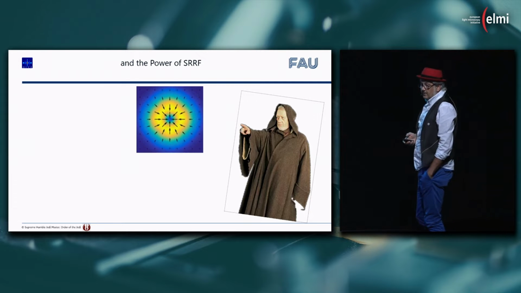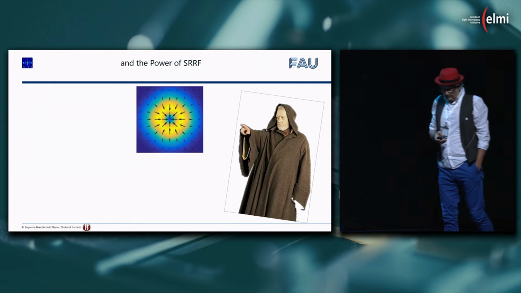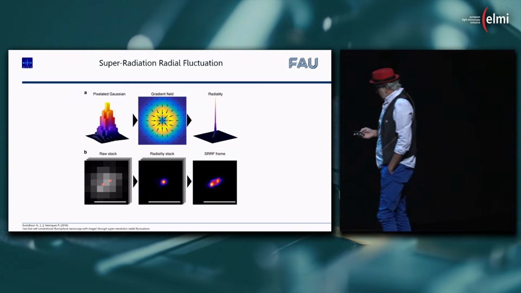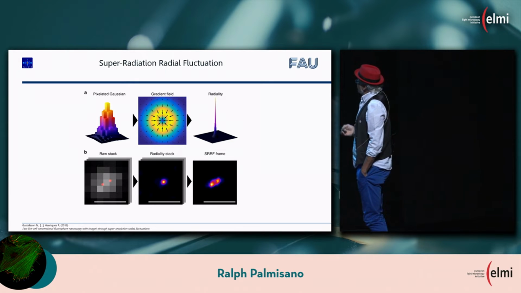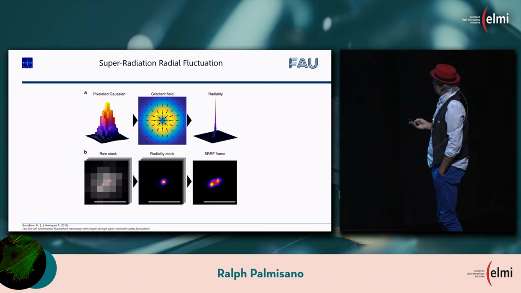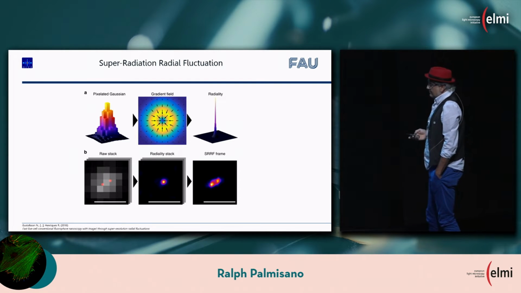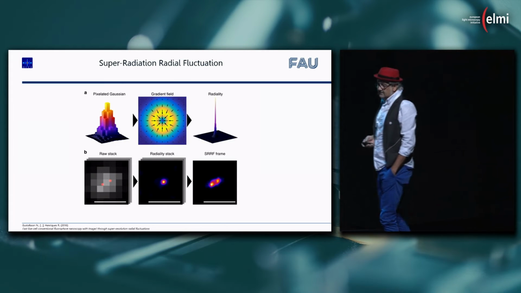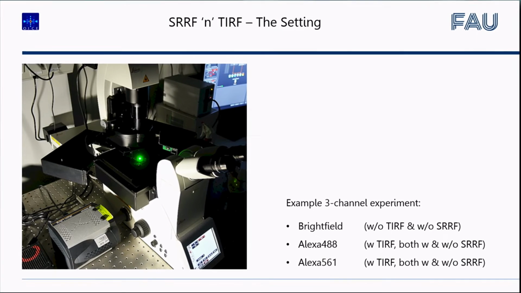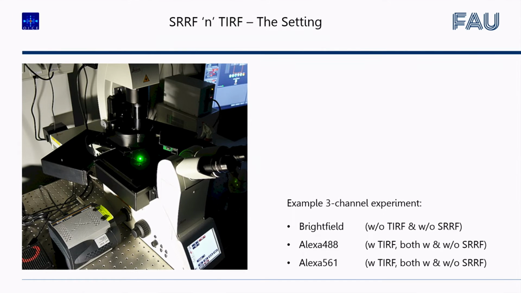And if you want to combine it with the power of SRRF, which was described nicely by Ricardo in 2016 here, how you create a gradient field, and then you get this radiality. And the end of it is you have a nice super resolution image post-processed. So combining both of these worlds in one setup, like SRRF and TIRF for a three channel experiment, harbors some problems in the practical world.